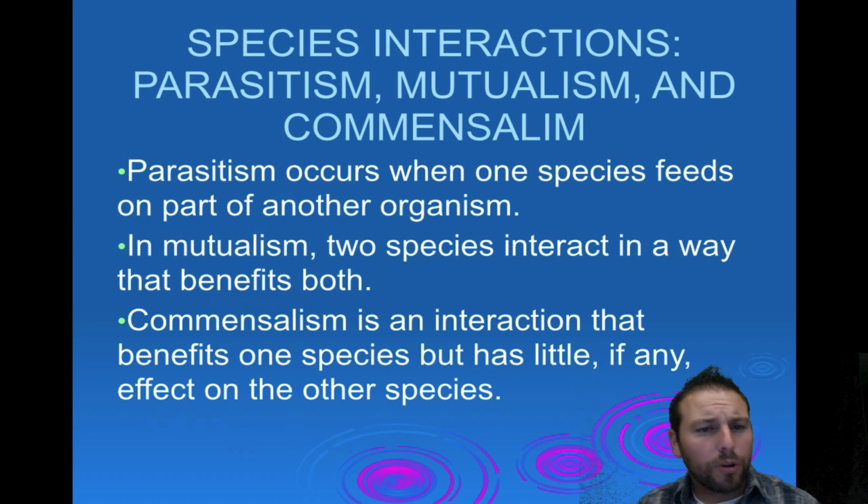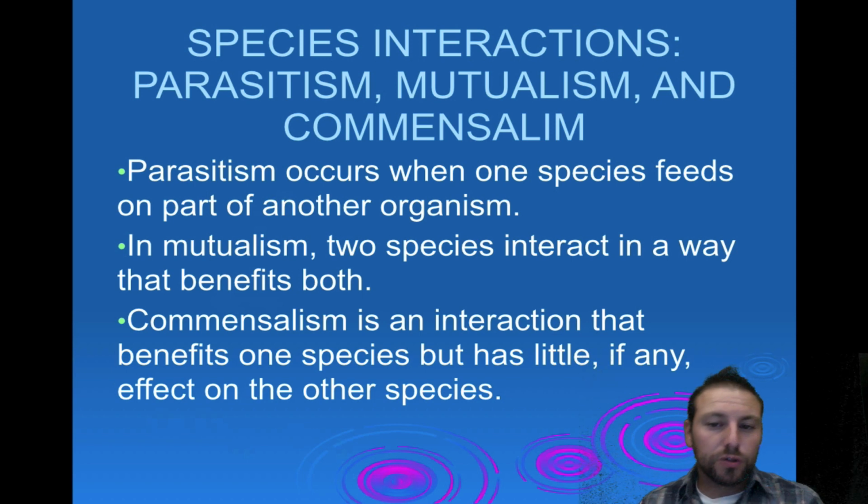Parasitism occurs when one species feeds on part of another organism. We'll see a few very good examples in class, but one parasite here on Long Island is the tick, the deer tick, and also the Lone Star tick is coming into play here, and it's all to benefit themselves. They'll come in and feed on their hosts, and whatever happens to them happens to them.